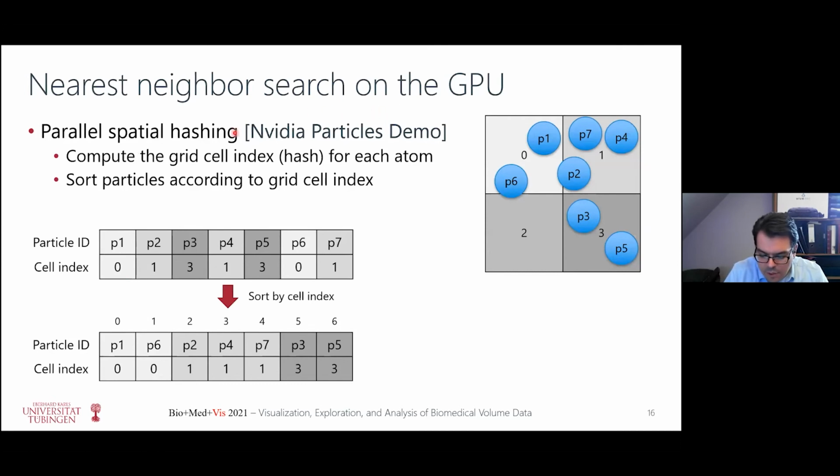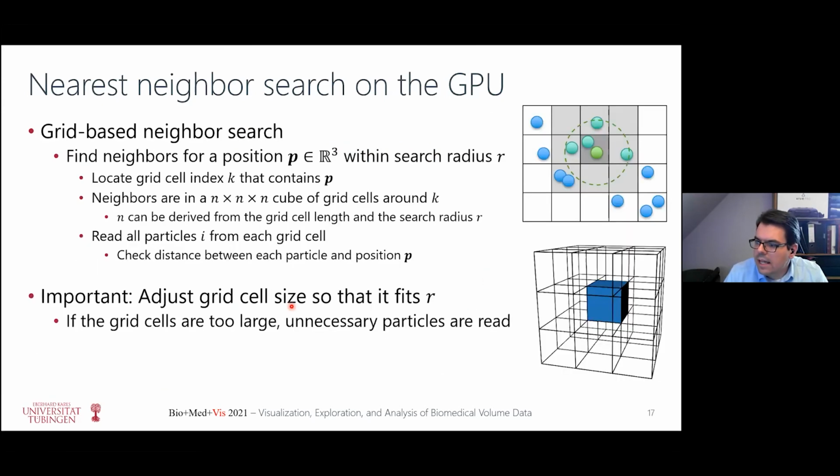If you're interested in how this works, this is actually what NVIDIA does in their particles demo. If you look at the CUDA SDK examples and search for the particles demo, this fast GPU-based parallel neighborhood search is explained there.